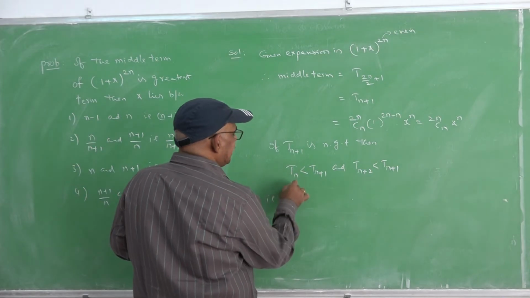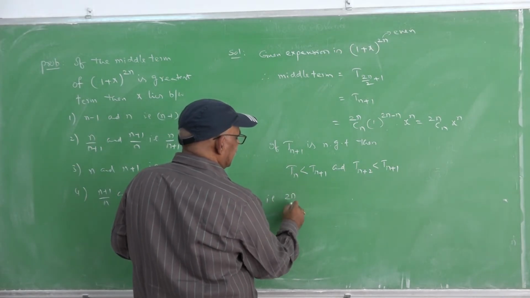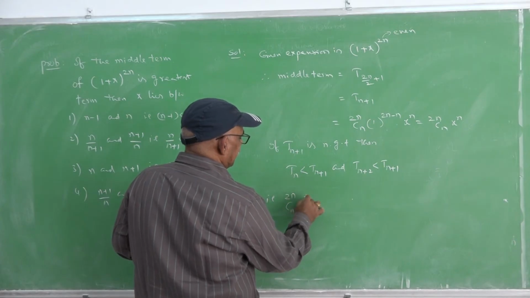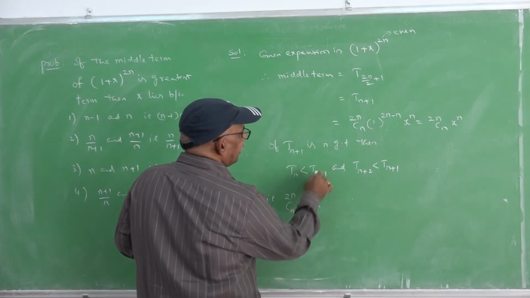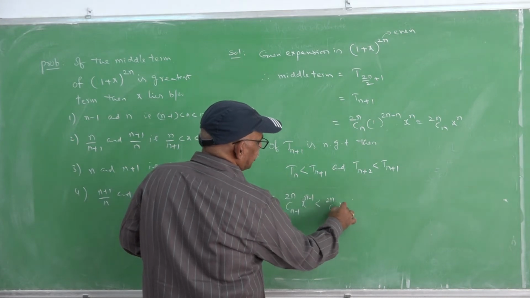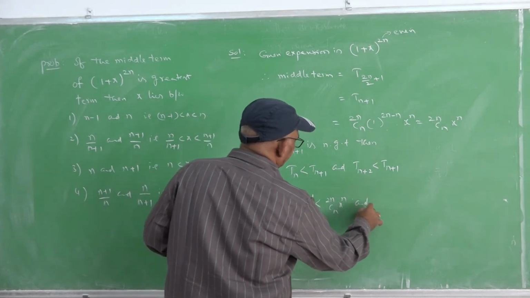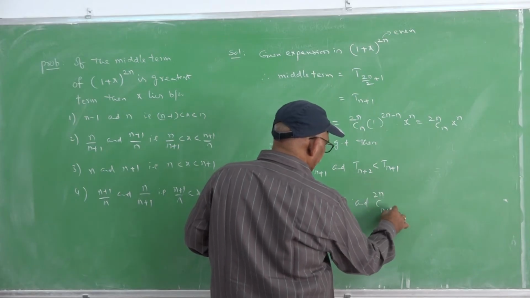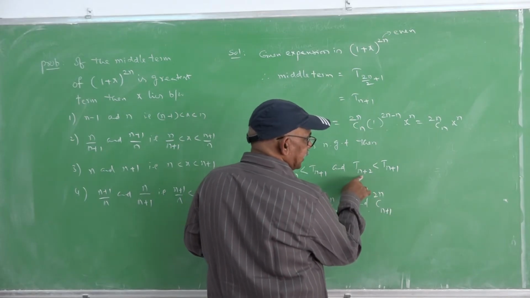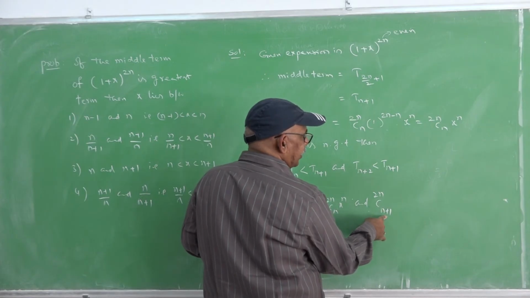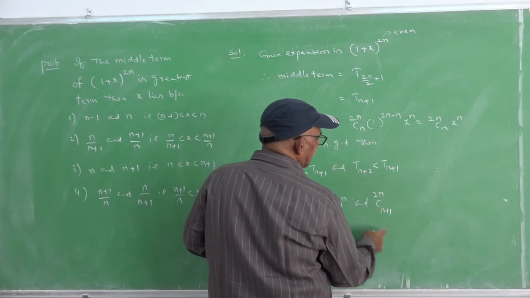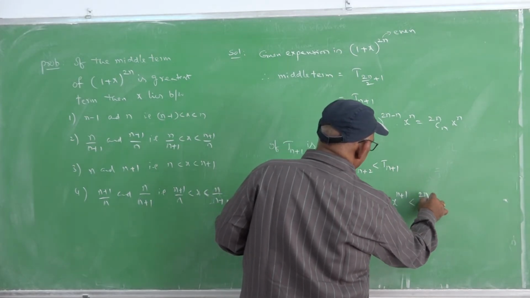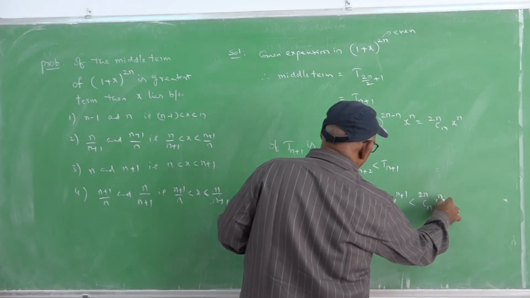That gives us Tn, which stands for 2n C(n minus 1) x power n minus 1, is less than 2n Cn x power n, and T(n plus 2) is 2n C(n plus 1) x power n plus 1, which is less than 2n Cn x power n.